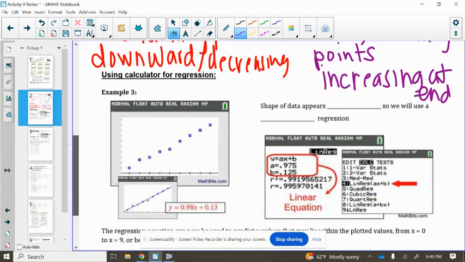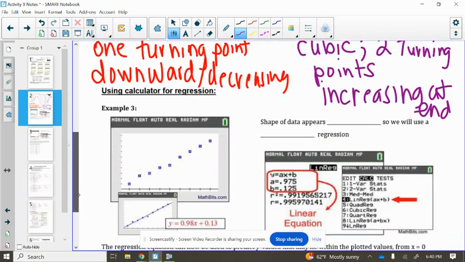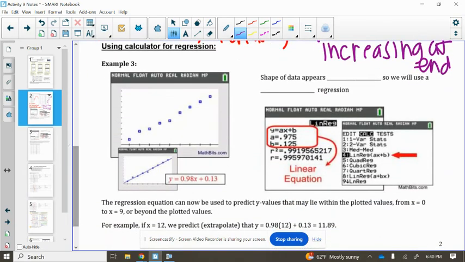Now, once we decide what kind of graph we have going, we also can use our calculators to help us create different regressions that are going to create different functions to best fit these data sets. So for example, if we look here at the first example given, this appears to be in a linear fashion, right?